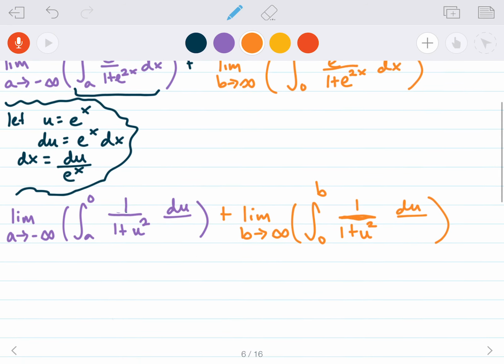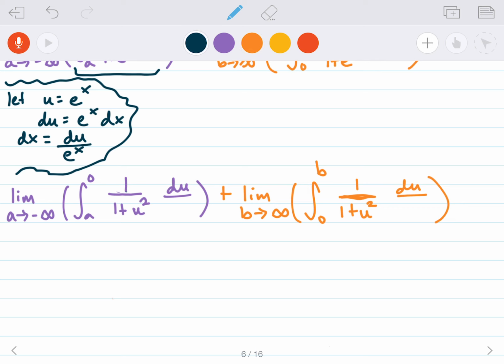Okay, so now I'm going to use the integral table. Now, let's get it out and see which one we're going to use. So it appears that to integrate this guy, in the integral table, we can use 5-24.